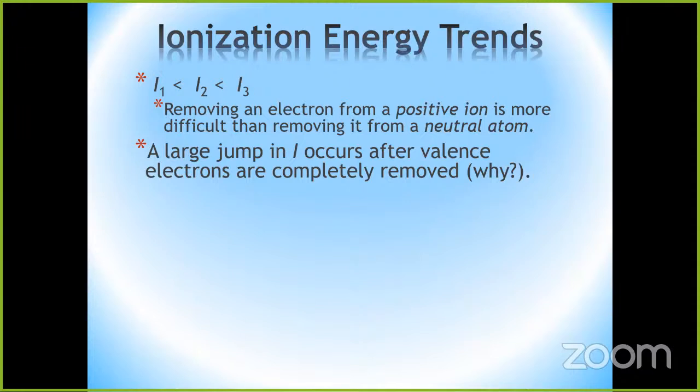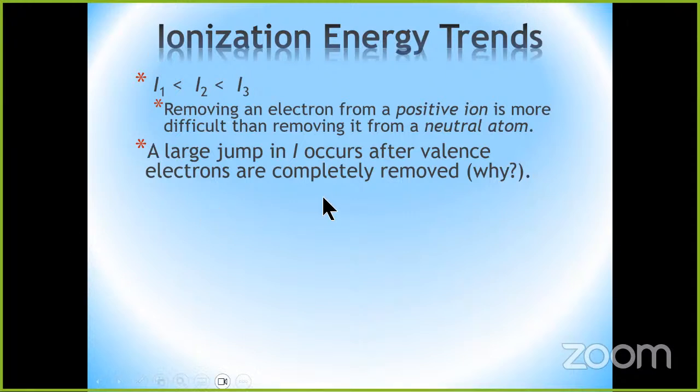So the first ionization energy will be of a certain value, and then to remove the second electron, more energy is required. To remove the third electron, more energy is required, and so on, right? So basically, it becomes more difficult to remove an electron each time.